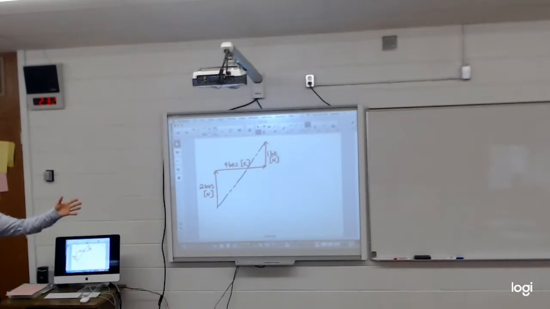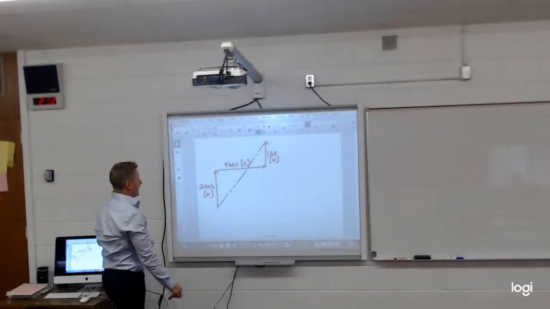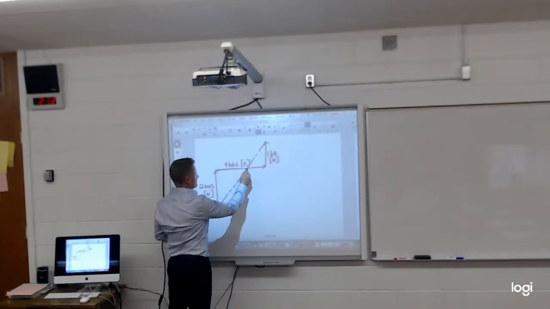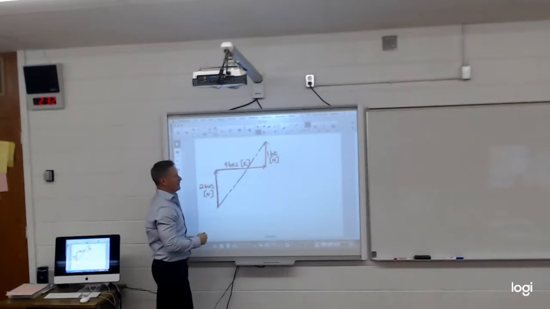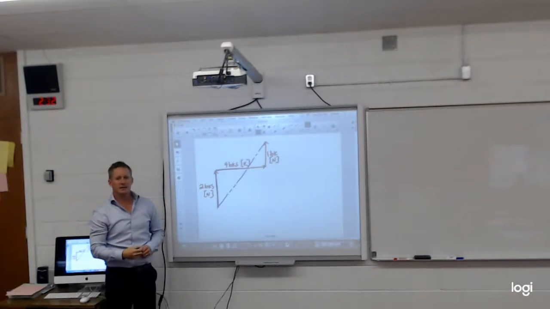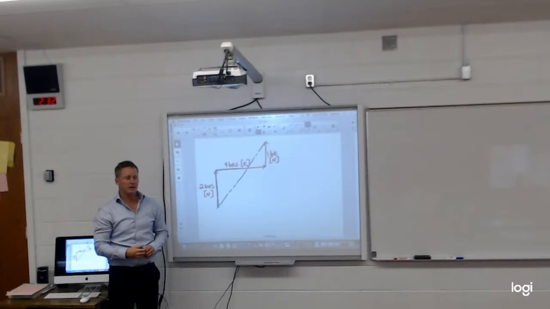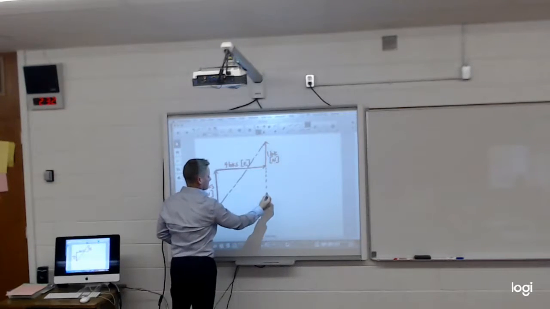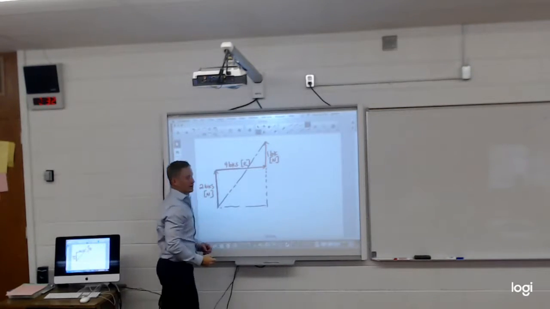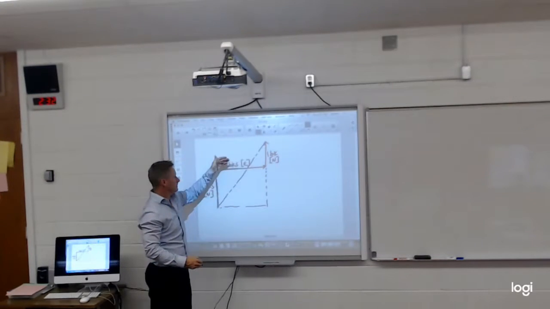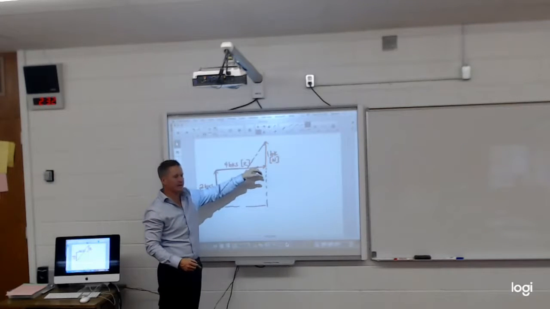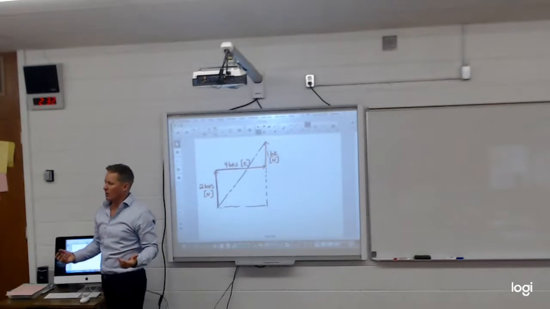If you looked at it like this, I could essentially create 2 triangles, couldn't I? I don't know how far this is. I do know the length of this side, but I don't really know an angle either. So it makes it a little more difficult to do that. I could extend this down. I could create that, and then I could find that, which then would, or I know this, then I could find this. It's a little more complicated, right?